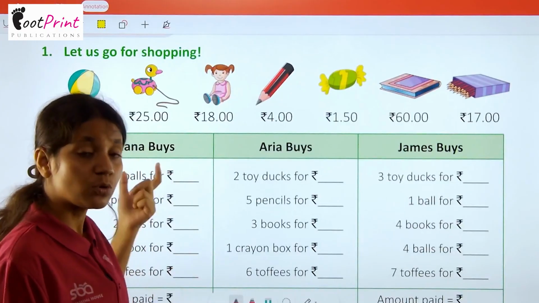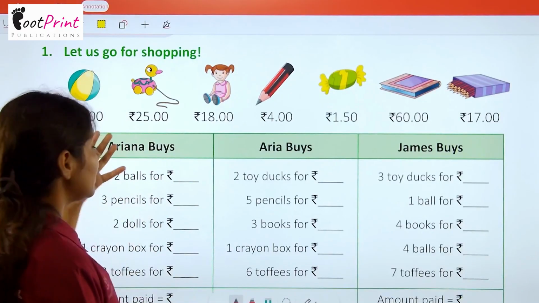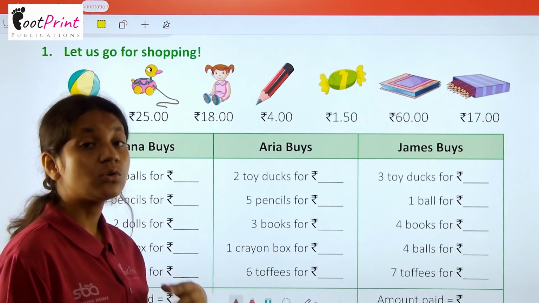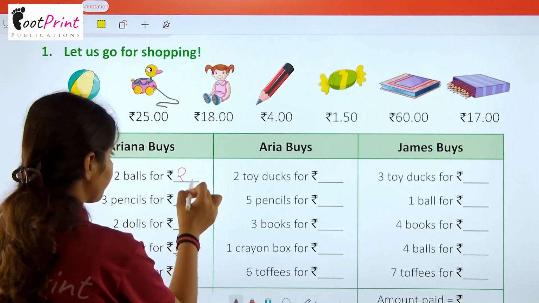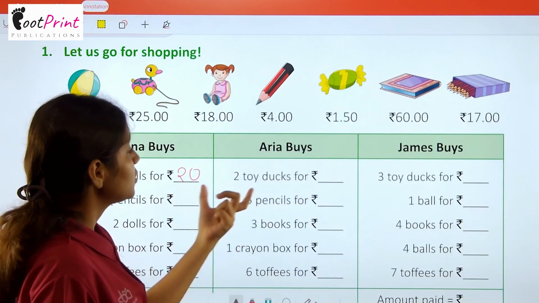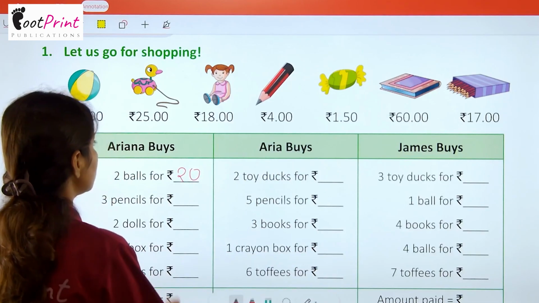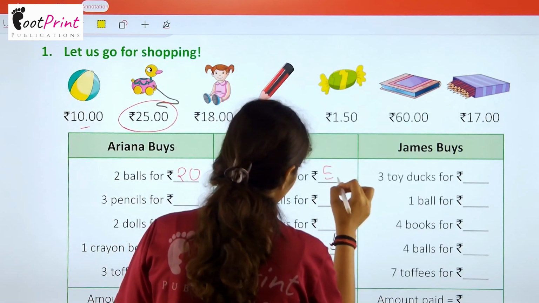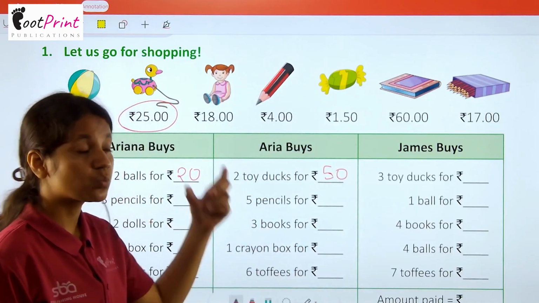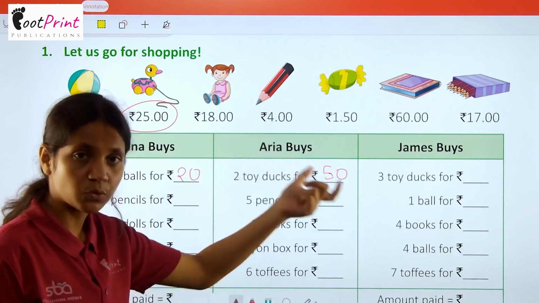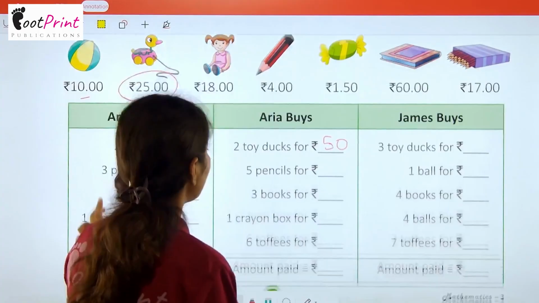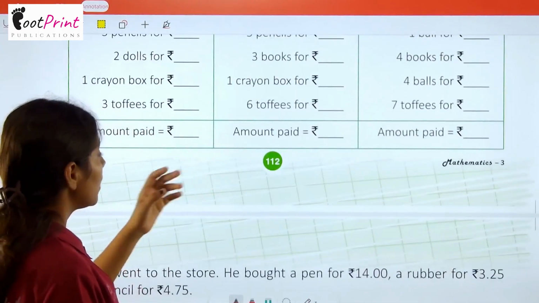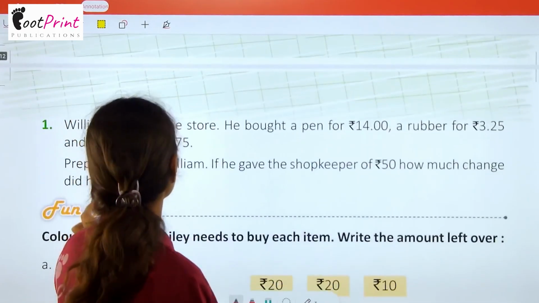Because one costs 10, so 2 will cost rupees 20. Arya buys 2 toy ducks, so 2 toy ducks cost 50 rupees. Why so? Because 1 costs 25 and 25 into 2 is 50. In a similar manner, you will fill the rest of the parts of this question.